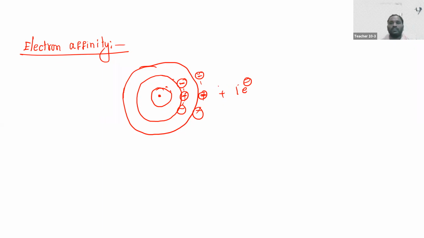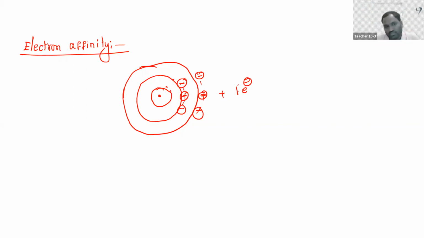When we add an electron here, some repulsion occurs between this electron and the electrons present in the atom. During the repulsion, the atom loses energy. They oppose the addition of the electron. In that moment, some energy will be released. That energy is called electron affinity.